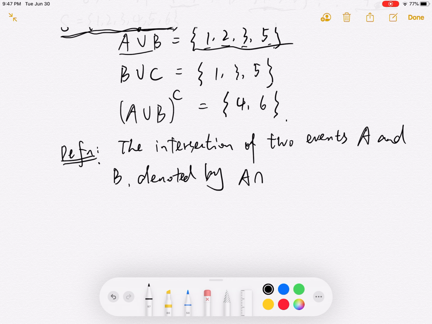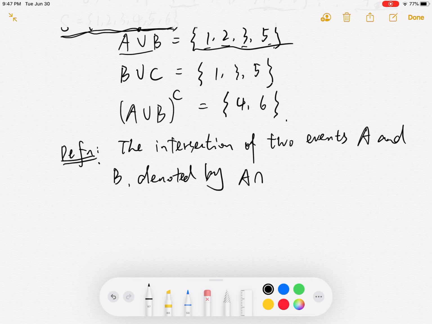And then we know the event B is {1, 3, 5}. Then what is the B complement? We know that the B complement contains all the outcomes in the sample space, but not in the event B. So we're looking for the elements that are in the space, but not in the event B. So they're going to be 2, 4, and 6.